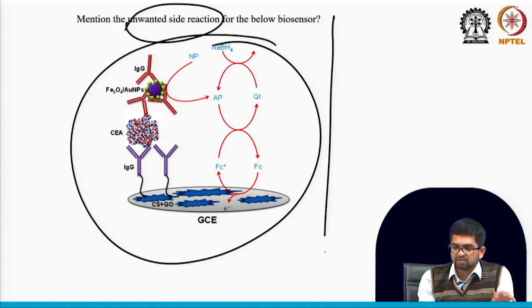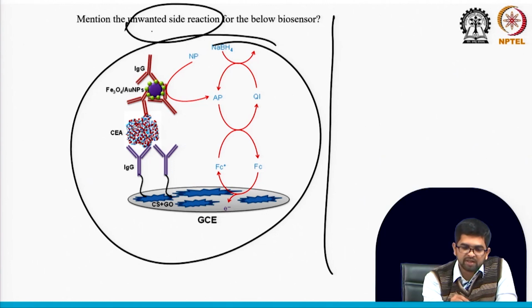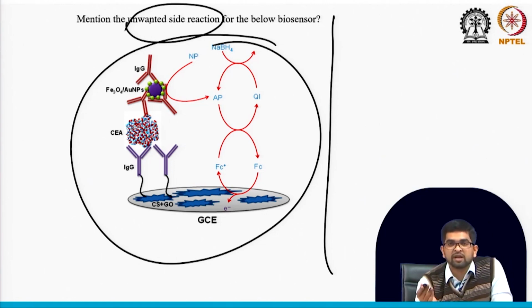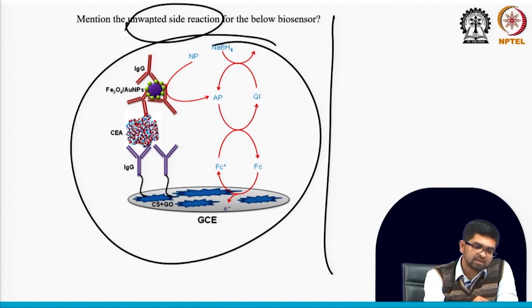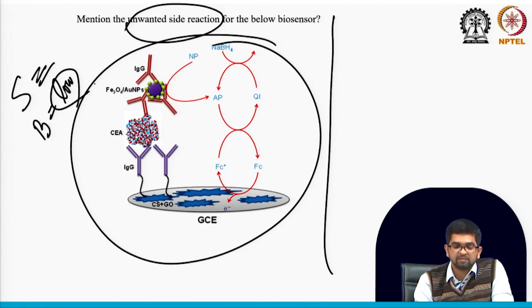You don't need to write many sentences, just very basic things. Unwanted side reactions mean those that can increase the background current, which is not actually your signal and which you don't want. You want signal basically, right? So background you want low, signal should be very high.